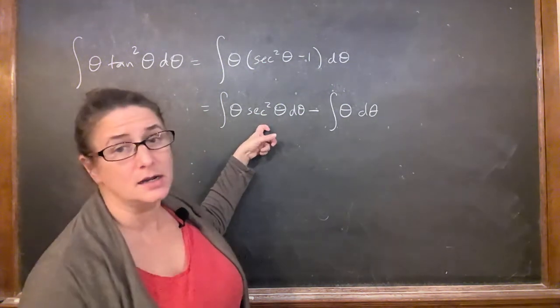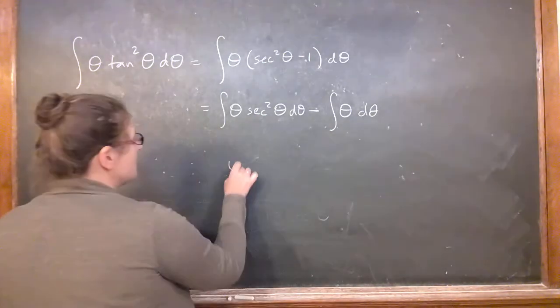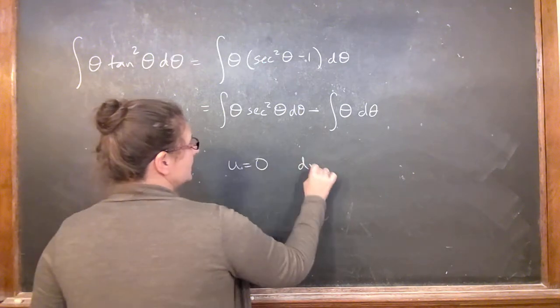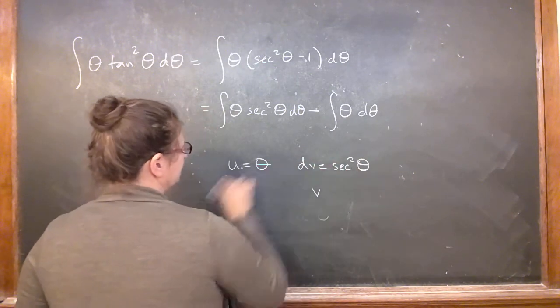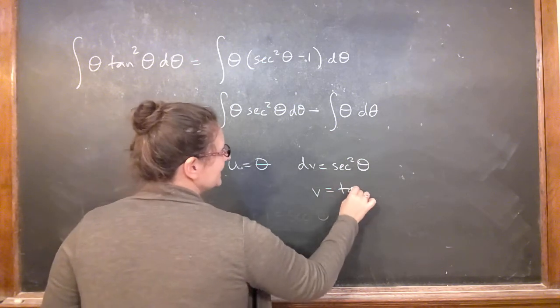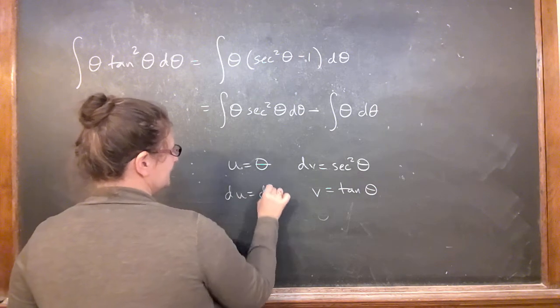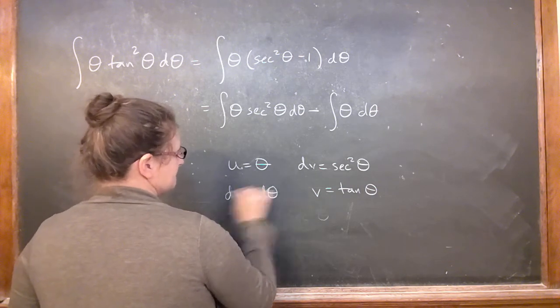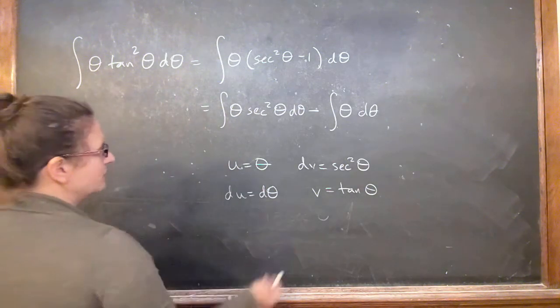This one is still an integration by parts, but it's not a hard one now, because if dv is secant squared theta, then v is going to be tangent, du is just going to be d theta.